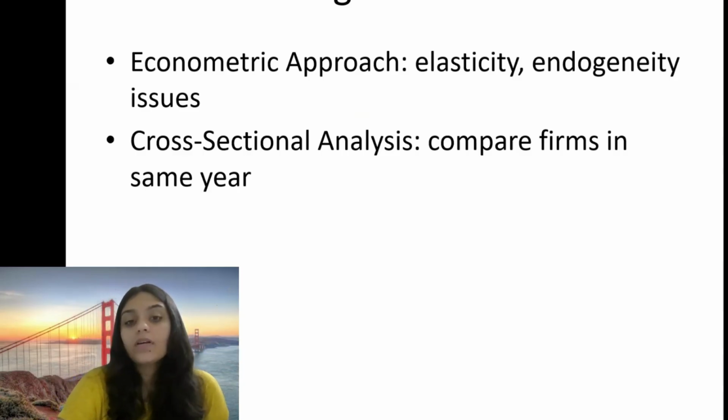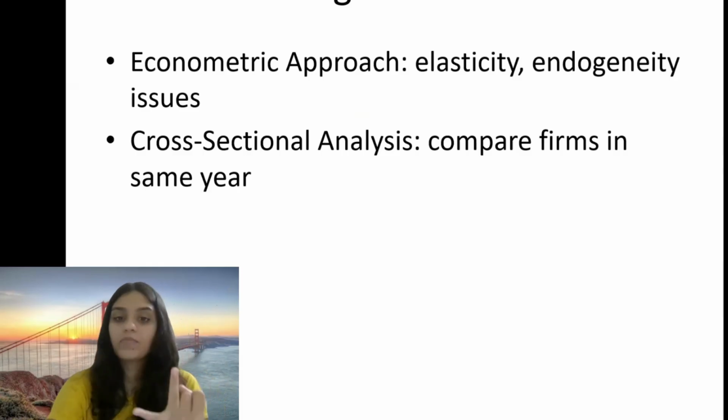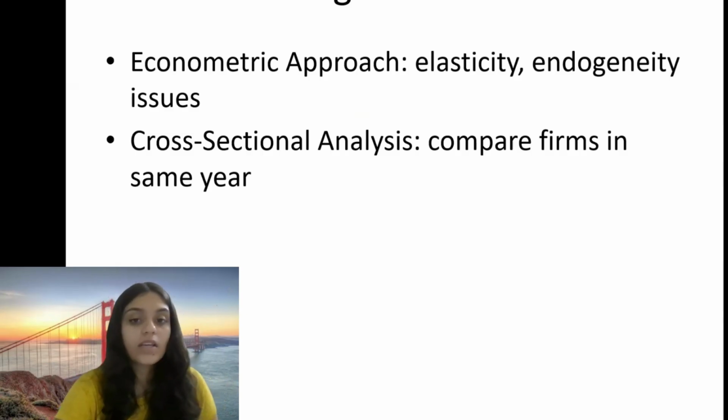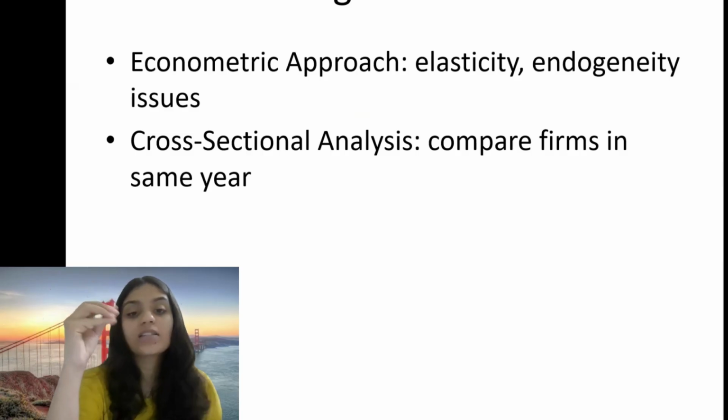For example, in the smartphone industry, comparing sales of Apple, Samsung, Xiaomi, and others in the same year gives us a picture of market dominance. If two firms account for around, we can say, 80% of sales, then those two firms are more like an oligopoly, correct? So this is how cross-sectional analysis is used.